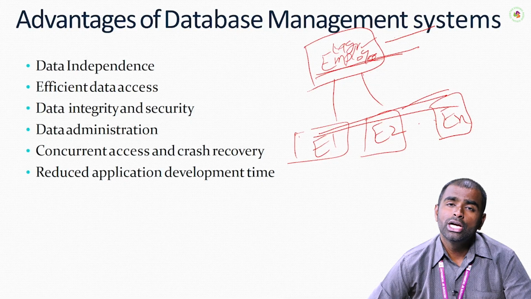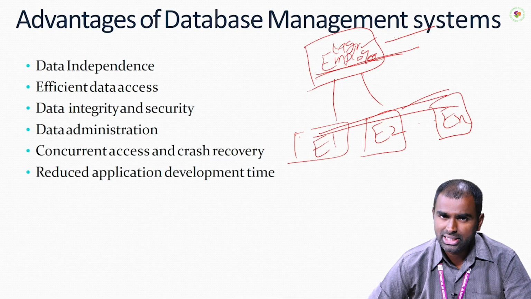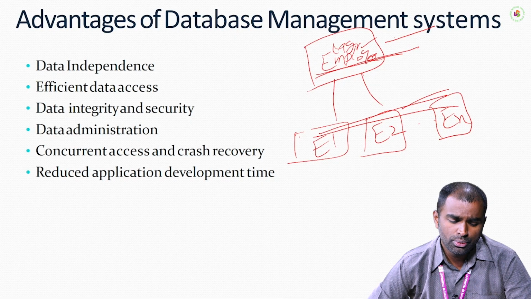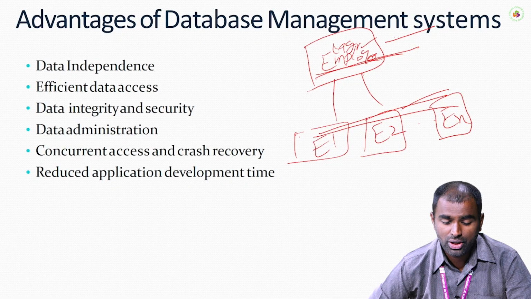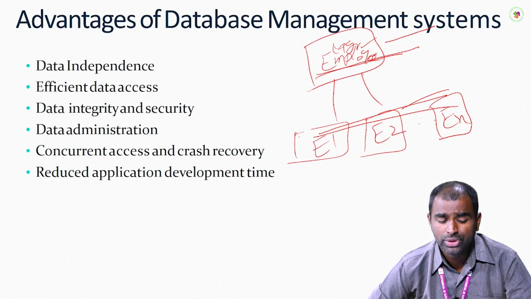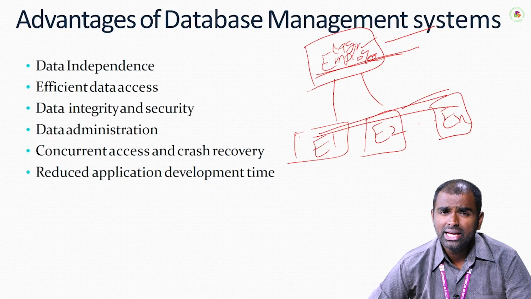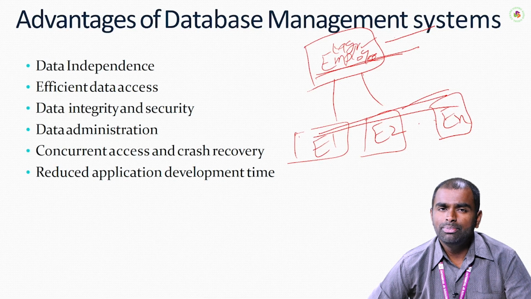Next, data integrity and security. Here two things seem to conflict, so observe. We discussed that data independence is an advantage of a database management system; data integrity is also one. Levels of data are independent of each other, so different types of data or different tables are each independent of each other.